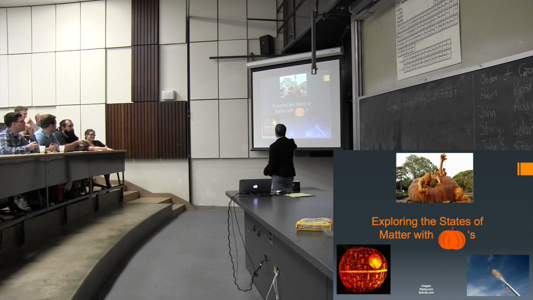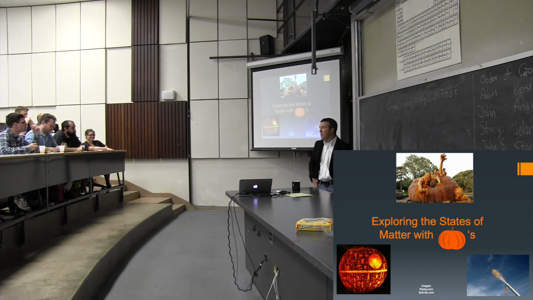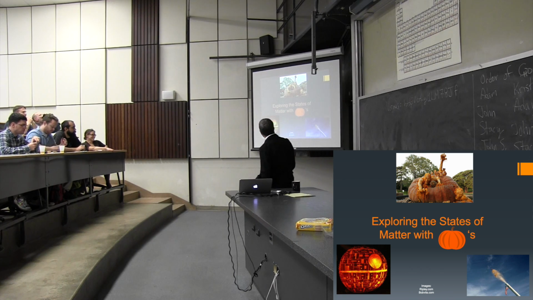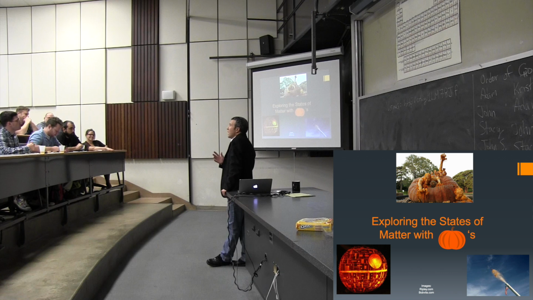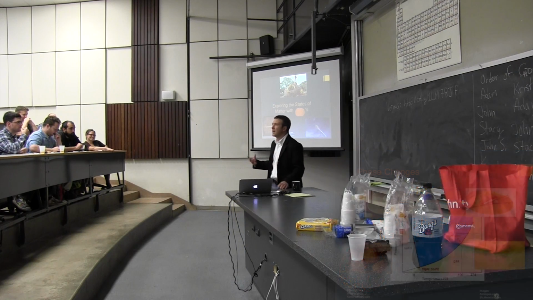And we have weapons of mass destruction. So all of these various states of matter and the modeling we can do with these objects known as pumpkins is the subject of this talk. I admit I am still myself trying to understand these kinds of ideas completely, and actually giving this talk is an opportunity for me to kind of explore the ideas.